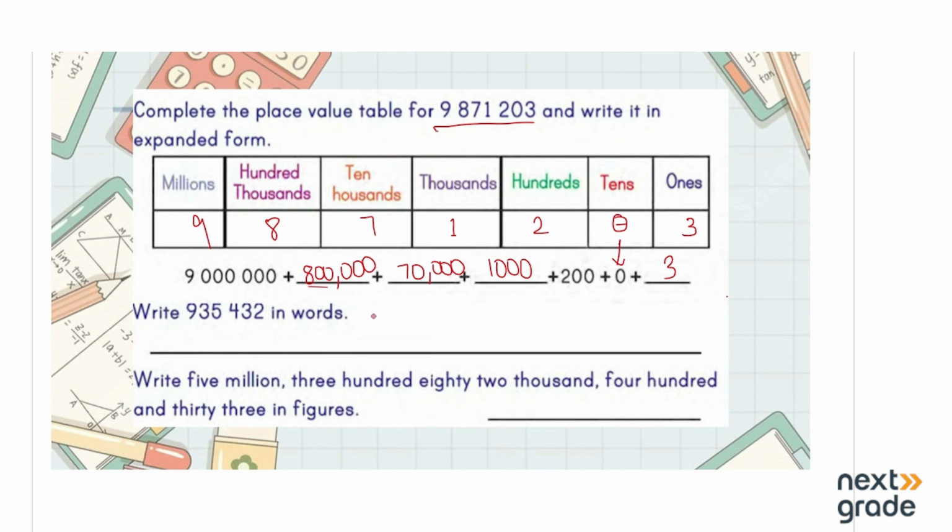अब हमने क्या करना है कि इस number को हमने words में लिखना है. तो how do we do that? We'll write it as 9 million.